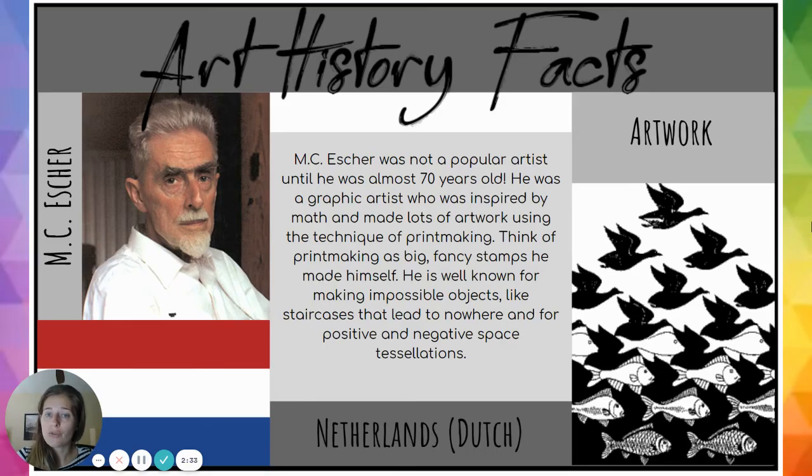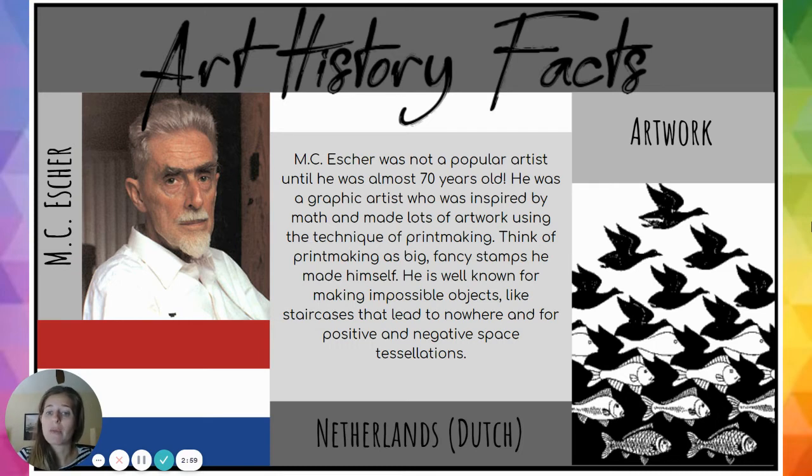One artist who uses positive and negative space is M.C. Escher. M.C. Escher was not a popular artist until he was almost 70 years old. He was a graphic artist and he used a lot of math to make his artwork. And the type of artwork that he made was called printmaking. Think of printmaking as making big and fancy stamps that you make yourself.